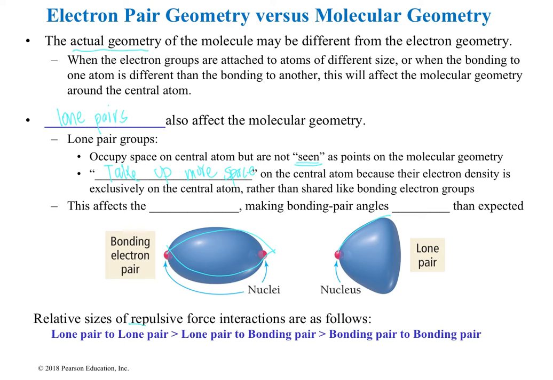So repulsive force is biggest when it's a lone pair, then less repulsion when a bond is interacting with a lone pair, and then bonds have the least amount of repulsion.